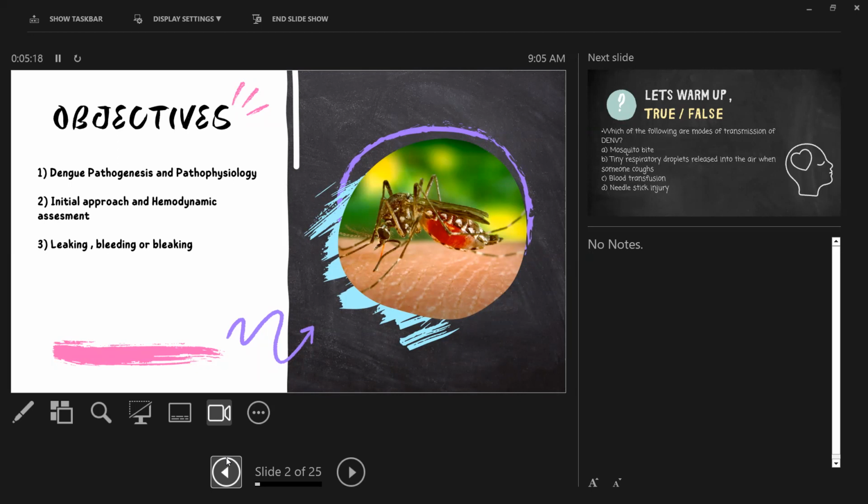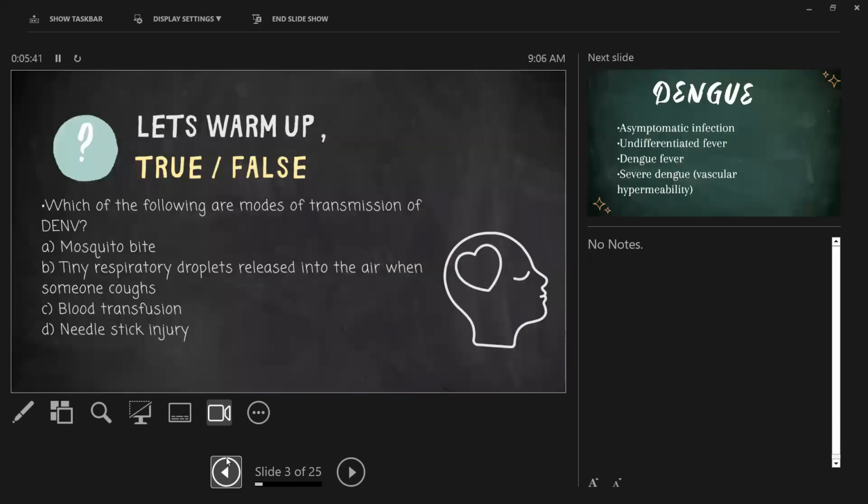Then the initial approach and hemodynamic assessment, which are the most important part of the initial approach. Then we will look at the leaking and bleeding, and how to recognize them. This is a two-way interactive session.